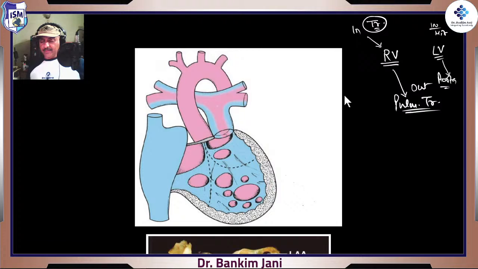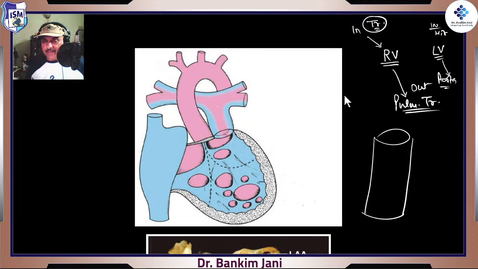We feel that everything is fine, but do remember that in the last stage of fetal heart development, there was spiral septum formation. Got it? Over here, this is the right ventricle, this is the left ventricle, but the aorta is coming out from the right side, and the pulmonary trunk from the left side.